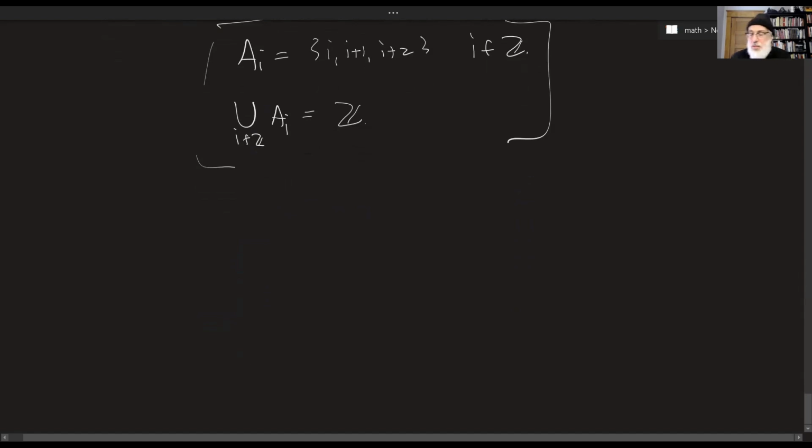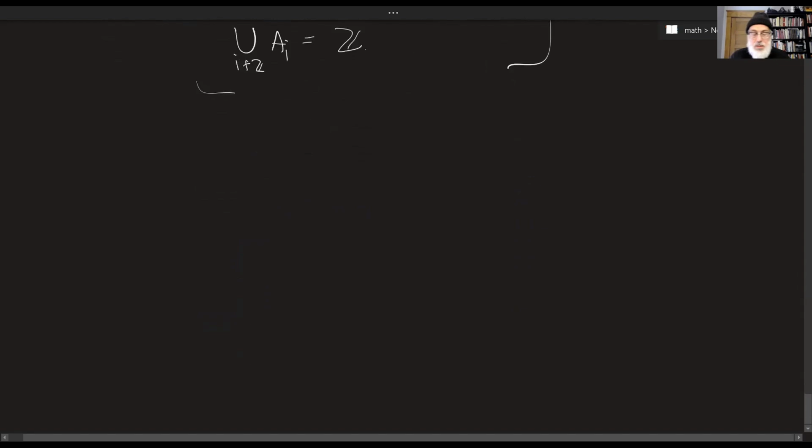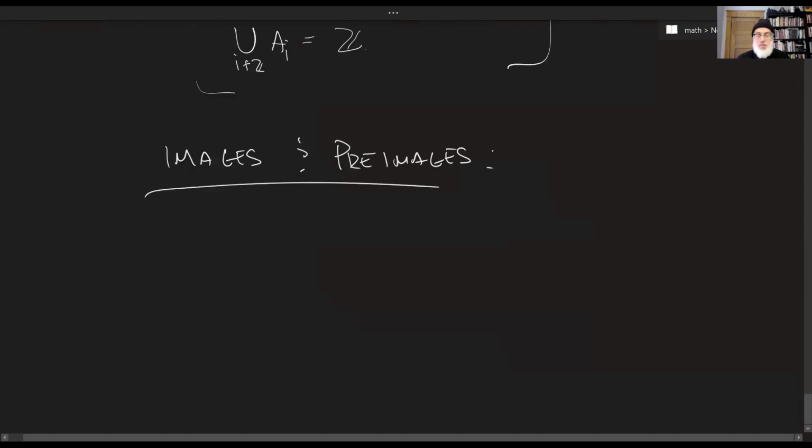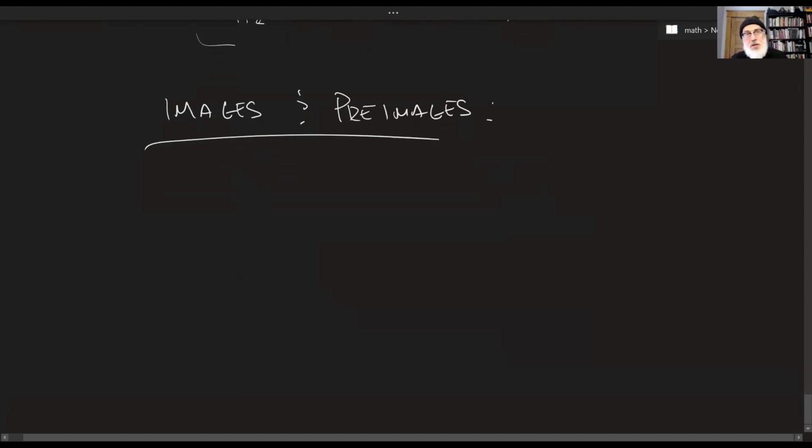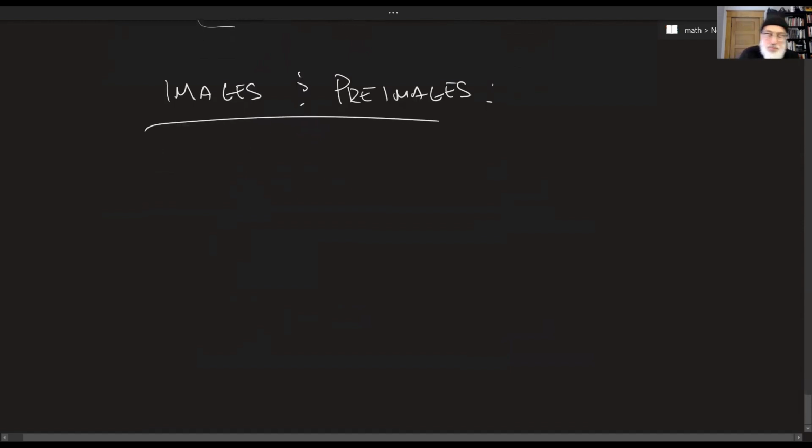Now we want to talk about images and pre-images, because these are indeed sets. So before, we have to set up what we mean. And to do this, we need a function from two sets.